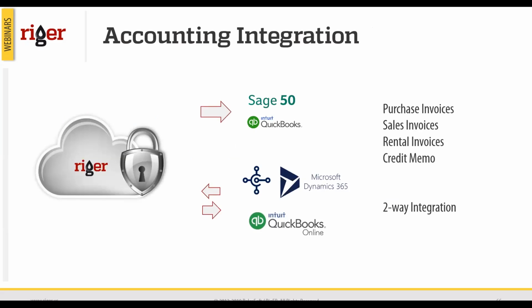Now, you may have a question: how can we avoid the duplication of entering information in different systems? For this purpose, we have built the integration of the RigER application with accounting packages. The biggest ones are QuickBooks, both desktop and online applications, Sage system, and this year we have built an integration with Microsoft Dynamics 365, or sometimes people call it Business Central.